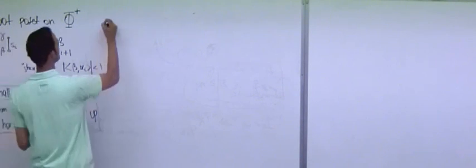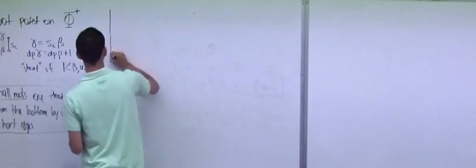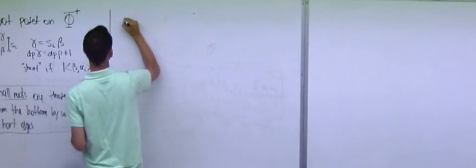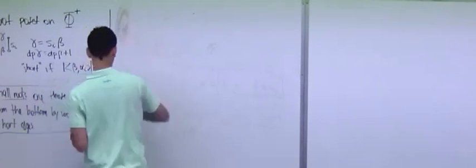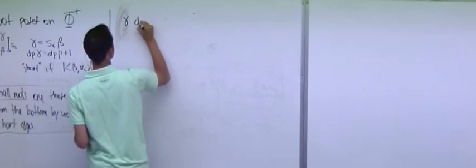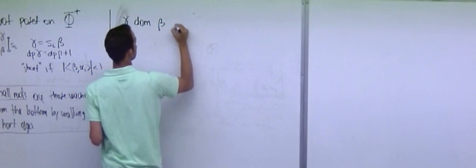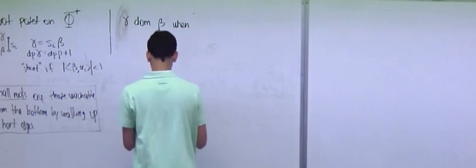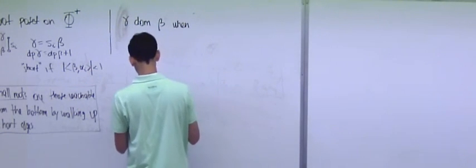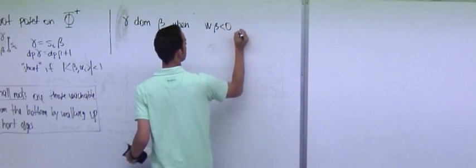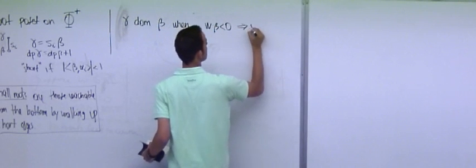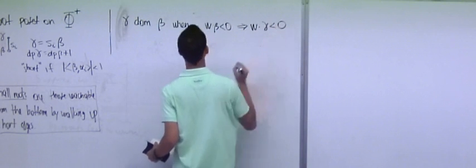And we talked about a different characterization of small roots, which was the following. This domination poset. We said that gamma dominates beta when every group element that makes beta negative also makes gamma negative. Okay.